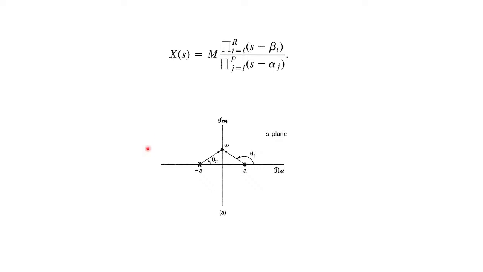So a nice thing is, from the Laplace transform, you can also analyze your Fourier transform. If you have a rational function for your Laplace transform, then you can look at the zeros and the poles of the Laplace transform, and you know the Fourier transform corresponding to it on the imaginary axis.